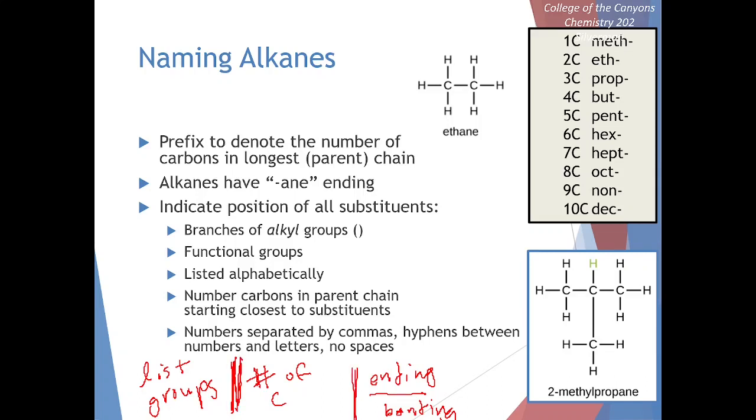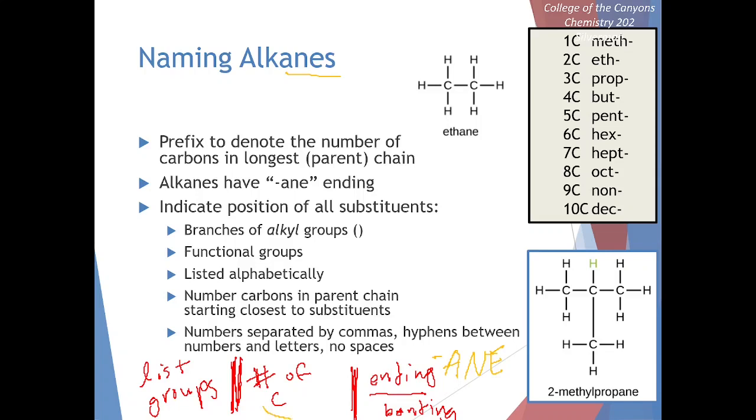So these are the kind of 3 pieces of the name of our molecule. For the ending, for our alkanes, our ending is always going to be ane, alkane. So whatever ane means that there are only single bonds.